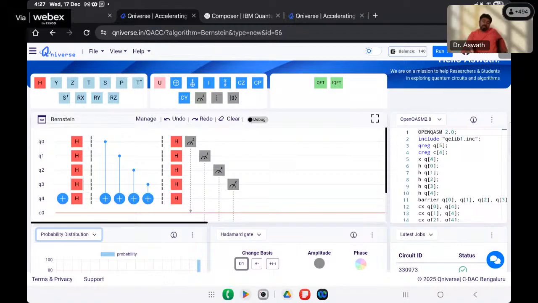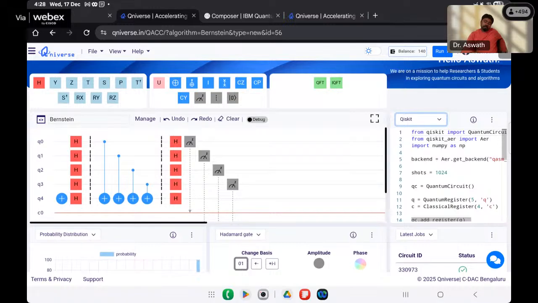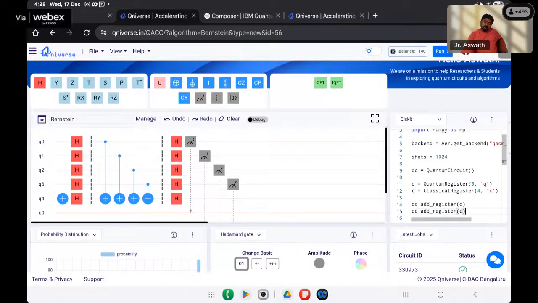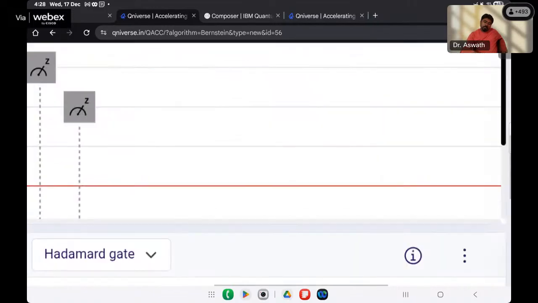If somebody introduces a shift, according to that shift you can modify the required circuit. So what is the circuit program? Here on the right you can find it. Okay, right. So is there a way I can magnify?